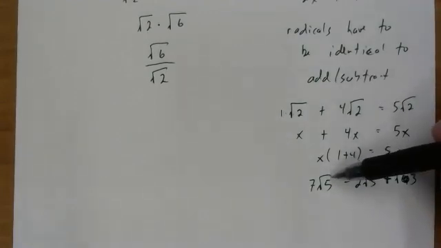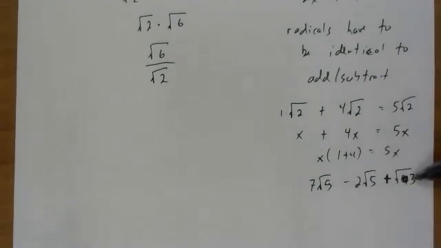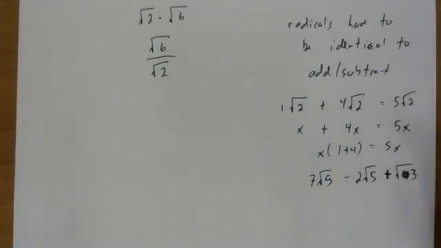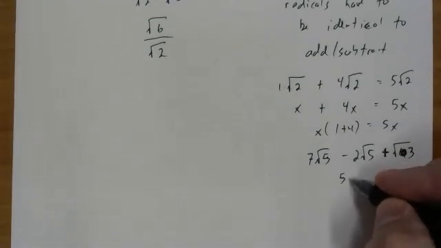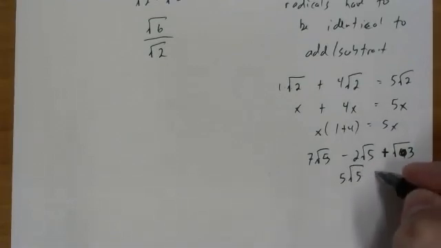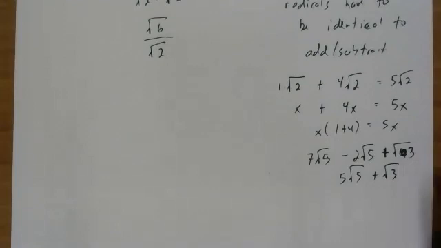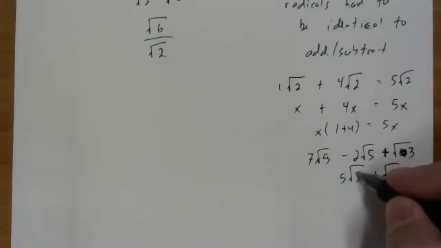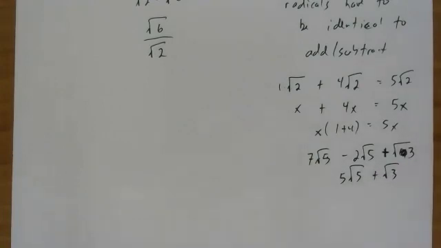The key is, I have to look at the square root, square root of 5, square root of 5, square root of 3. These I think of as sort of like terms. Since the square roots are identical, I can actually combine these. So it's like 7 minus 2. So this is 5 square root of 5 plus square root of 3. Now, if I look at these two terms, square root of 5, square root of 3, they're not identical. I can't do anything else.